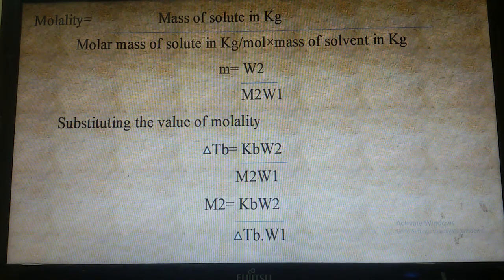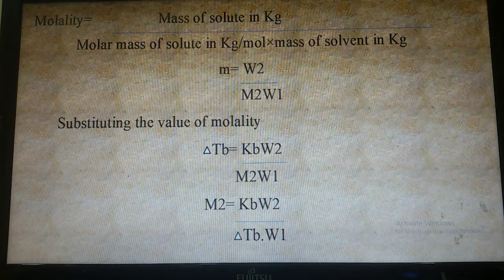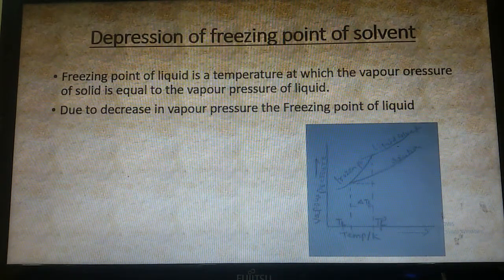Therefore, m is equal to W2 upon M2 into W1. Substituting the value of molality, delta Tb is equal to Kb into W2 upon M2 into W1. Therefore, M2 is equal to Kb into W2 upon delta Tb into W1.